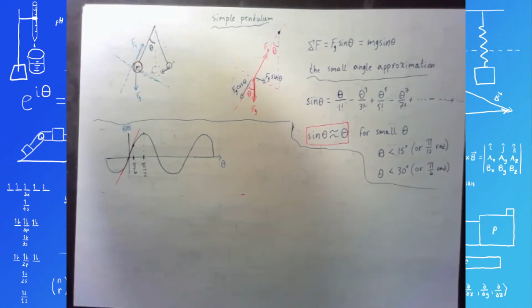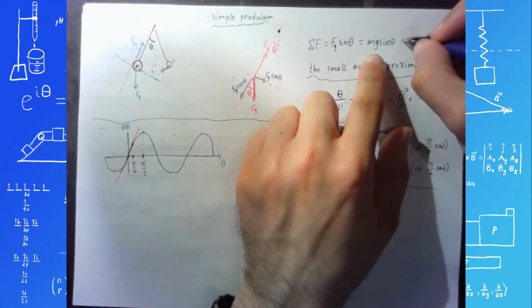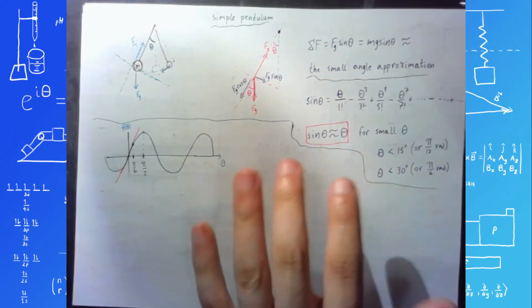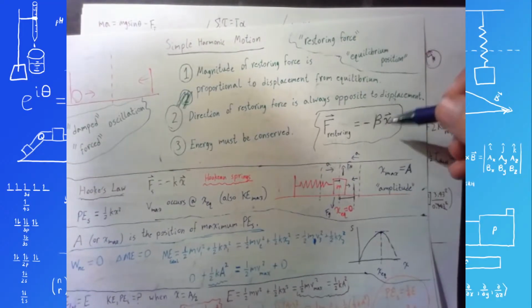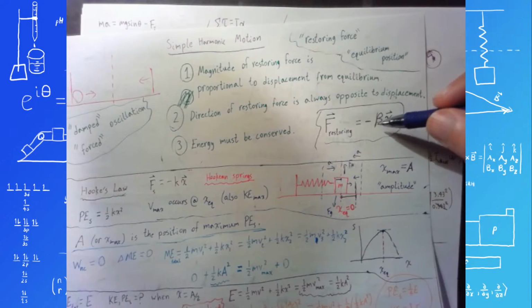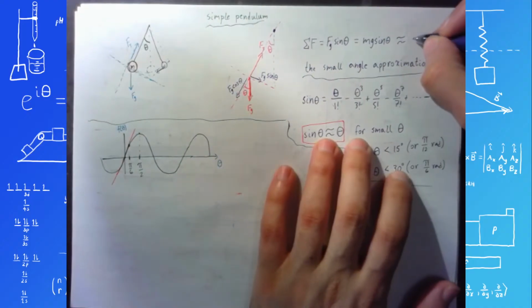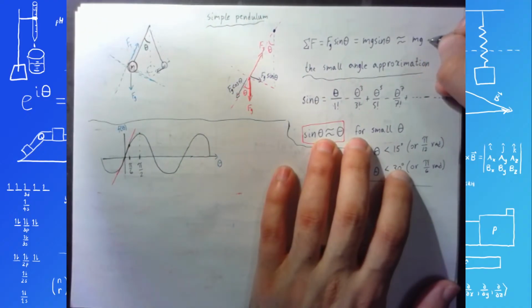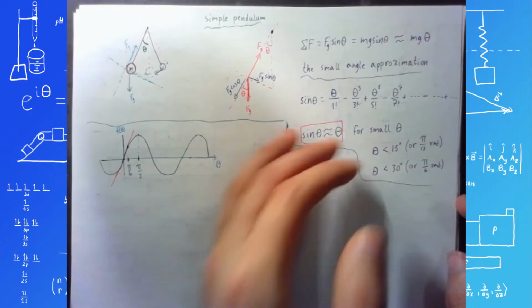You can get the restoring force to be of the form constant times displacement. You can get the restoring force to be of this form: mg times theta. Sine of theta is approximately equal to theta for sufficiently small theta.